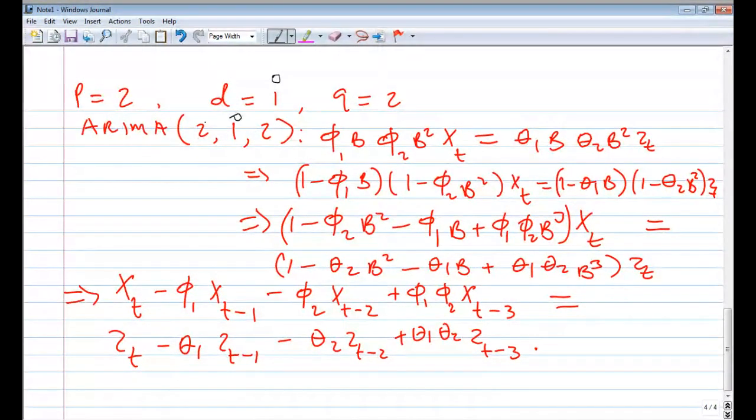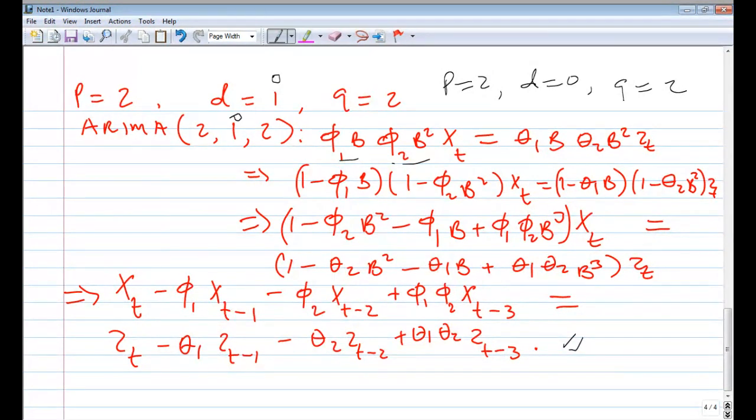We're dealing with ARIMA 2,0,2, because if you check here, we don't have a differencing part. I forgot about that. So in this case, we are dealing with P equal to 2, D equal to 0, and Q equal to 2. It's this part.